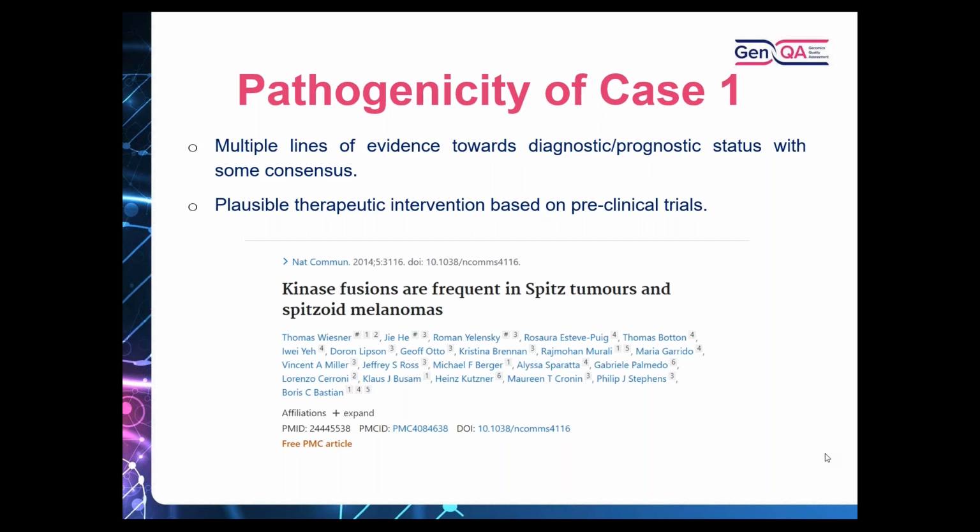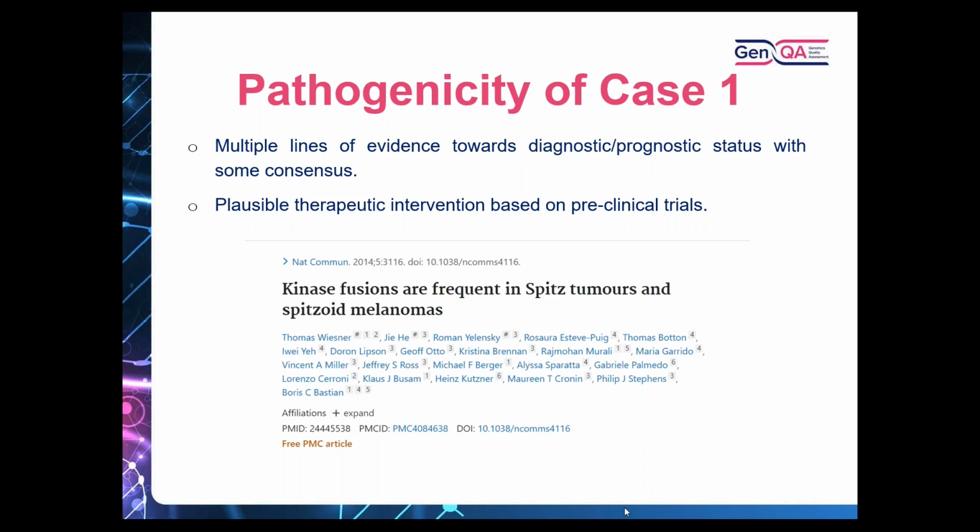So this was the key paper that was quoted for this particular case, and it showed also plausible intervention-based clinical trials. So based on this evidence, we classified it as 2-tier C because it wasn't reported specifically, there wasn't a licensed treatment within this particular tumour type, even though that drug had been used, was licensed.